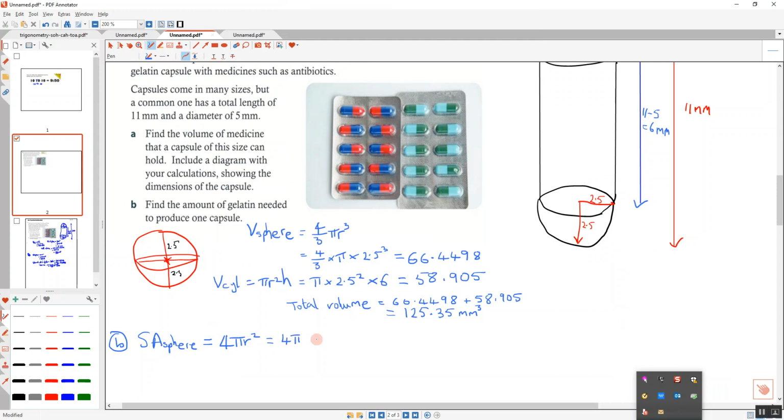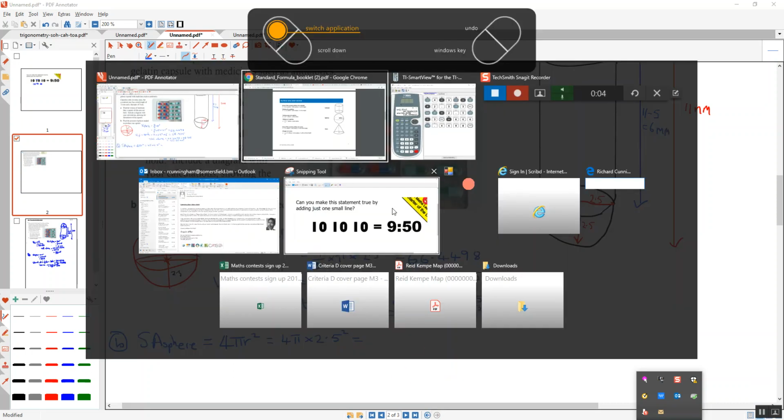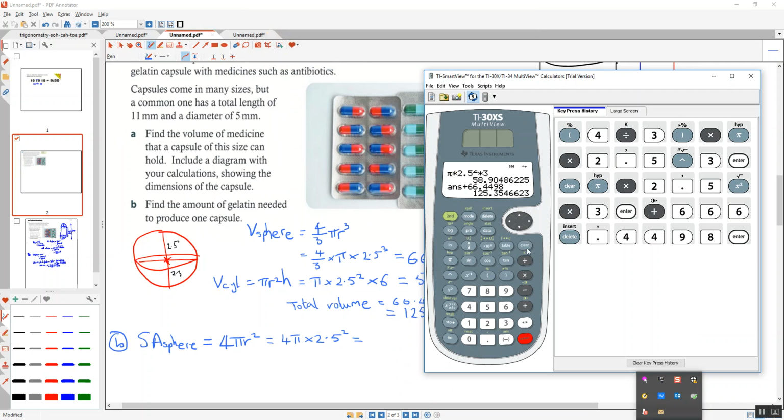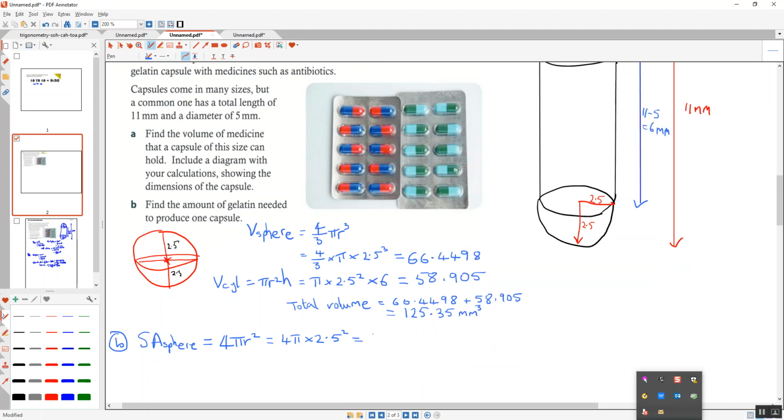Or pi times 2.5 squared, which is equal to 78.54.